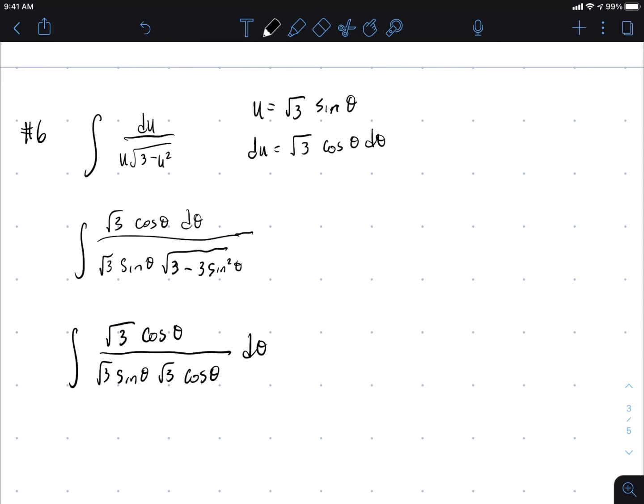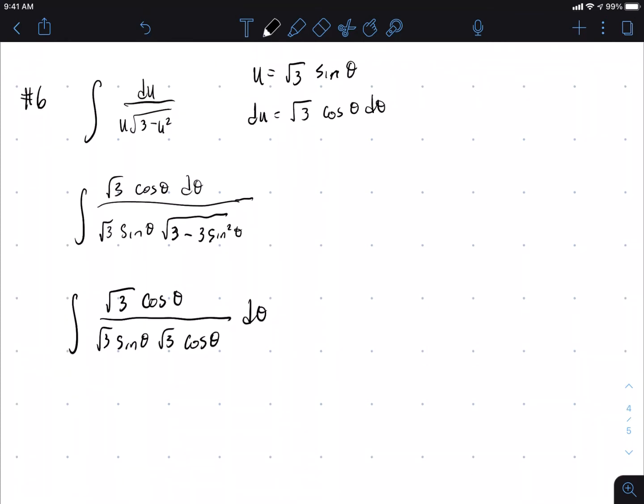Yes. The cosines and one of the root 3's are going to go. So I'm going to have 1 over root 3, and then it's going to be 1 over sine, but 1 over sine is what? Cosecant theta, d theta.